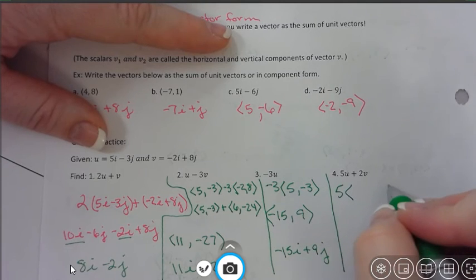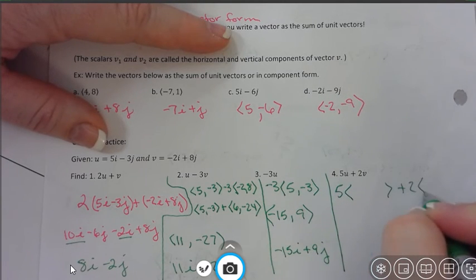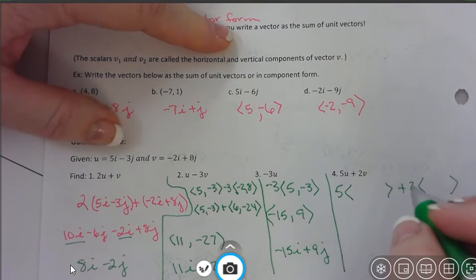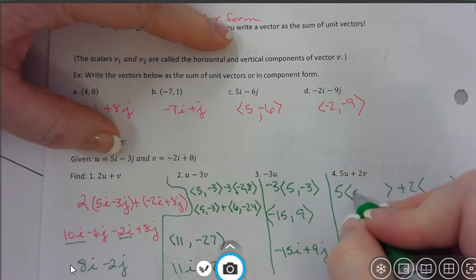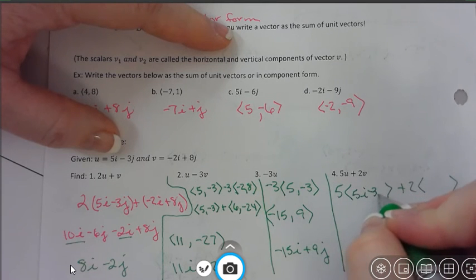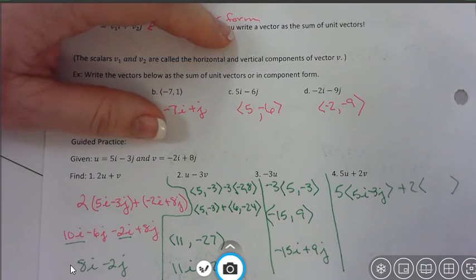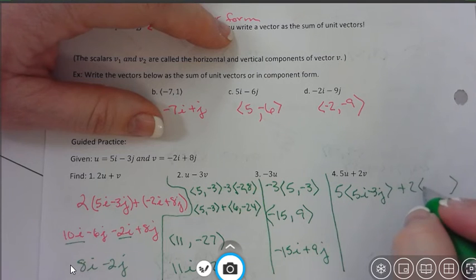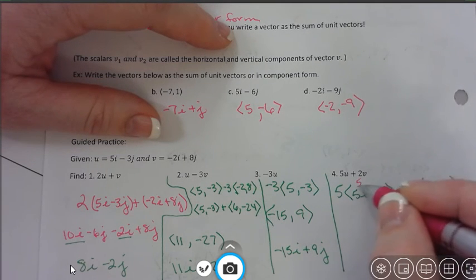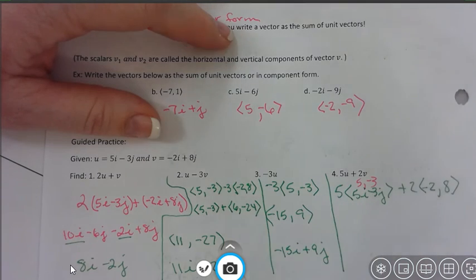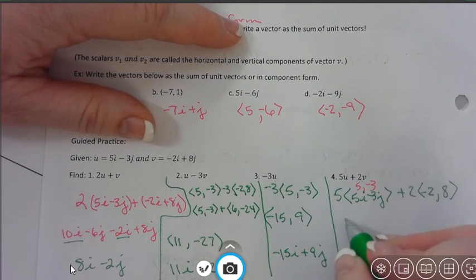And 5u plus 2v, excuse me. 5i minus 3j. Ah, dang. I mixed the 2 up. -2, 8. This should have just been 5, -3. I'm crazy, but oh well.